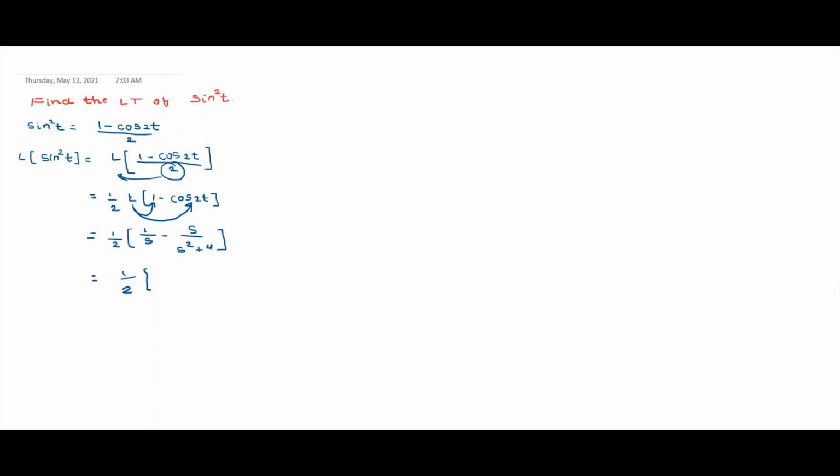If you take the LCM, the LCM is s into s square plus 4.